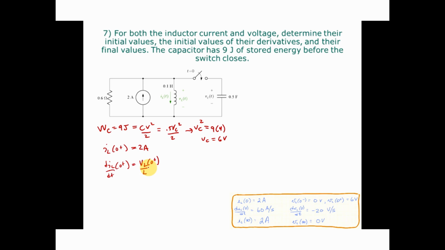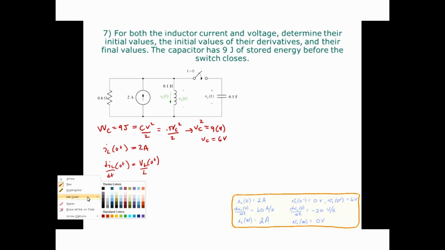It's 6 volts, because that capacitor voltage is switching in now. The capacitor can't have an instantaneous change in voltage, so when we switch it in, it instantly bumps the voltage across the inductor to 6 volts.